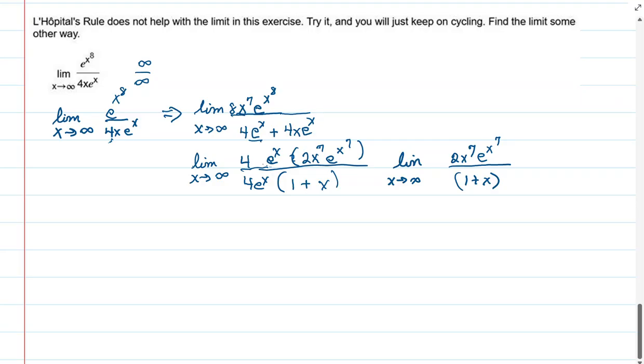We can divide by x and then get a 1 on the bottom. Algebra is always possible. Because it's going to end up being infinity. Now we have a 1 on the bottom, and on the top we have infinity. The answer is infinity.